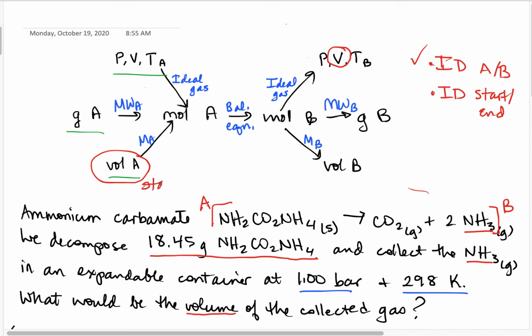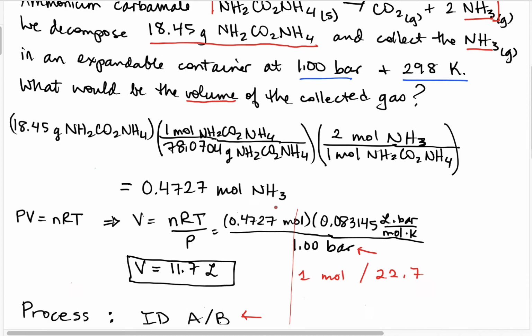So here's our start, and here is our end. So we're going to use our molarity to calculate moles of lithium hydroxide, use our balanced equation to calculate moles of carbon dioxide, and then use the ideal gas law to calculate volume again.